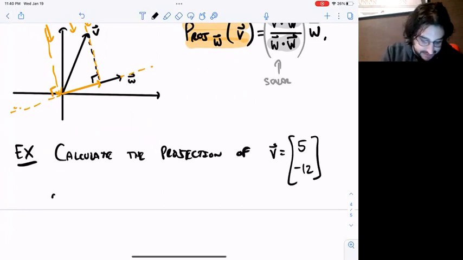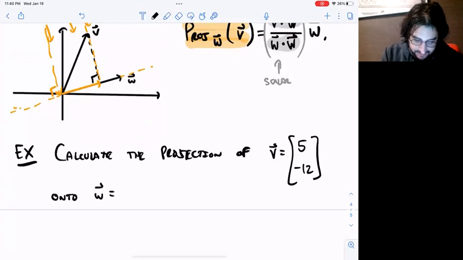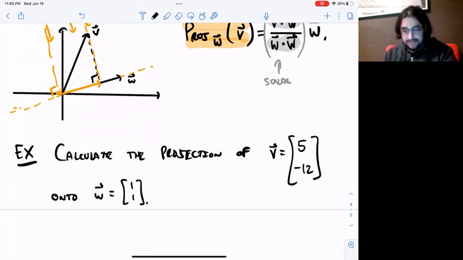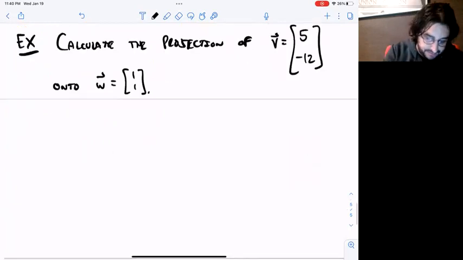Let's calculate that projection onto the vector 1, 1. So I want the projection of V, which is 5, -12, onto the vector W, which is 1, 1. So let's get a diagram here.